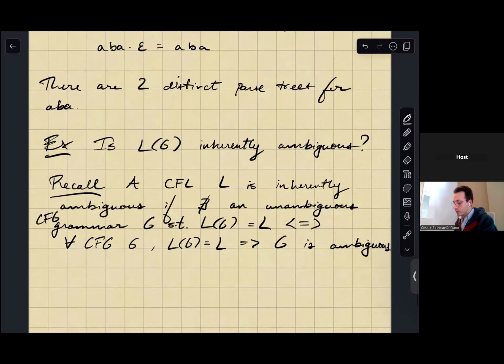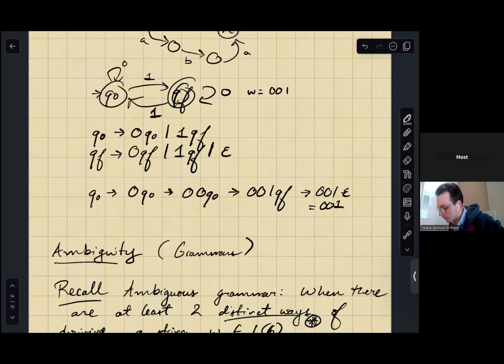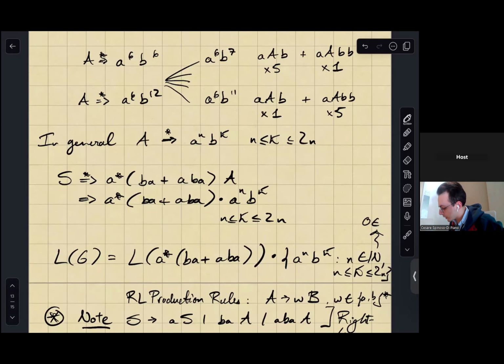Okay, and now we're asking this question about the language generated by the grammar G. So in this case, what is L of G? L of G, just as a reminder, was this guy.